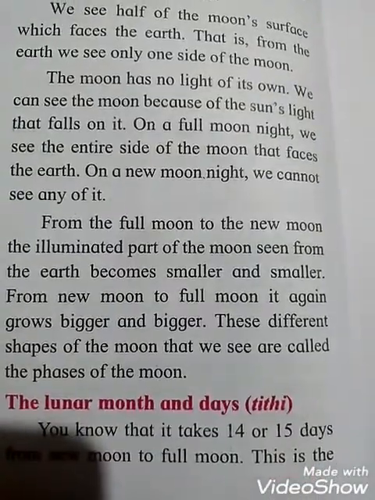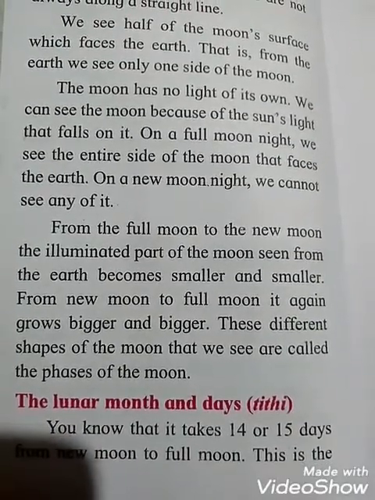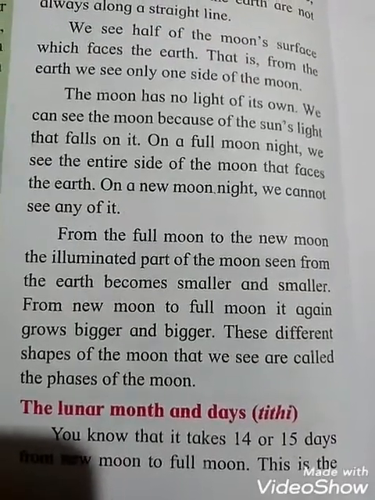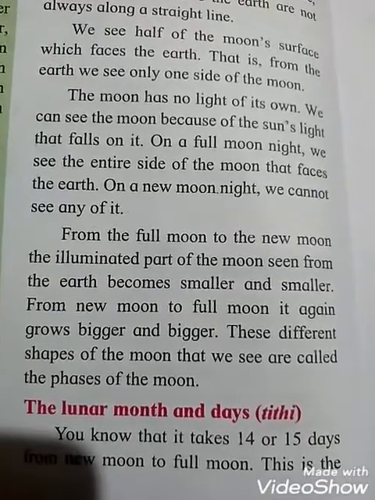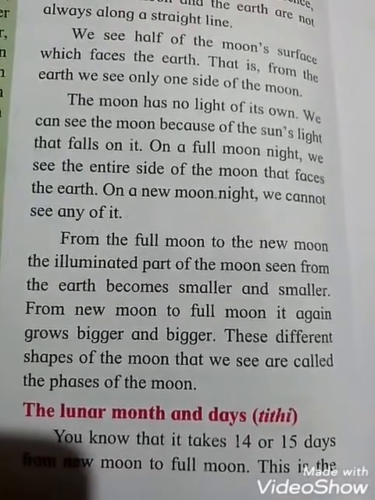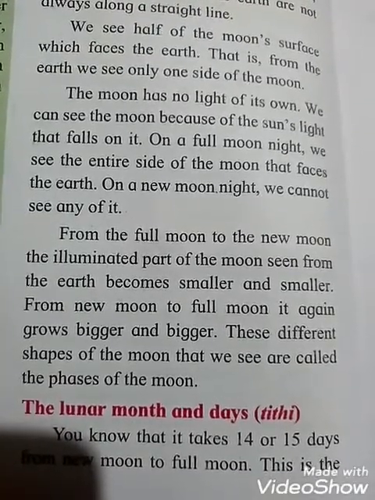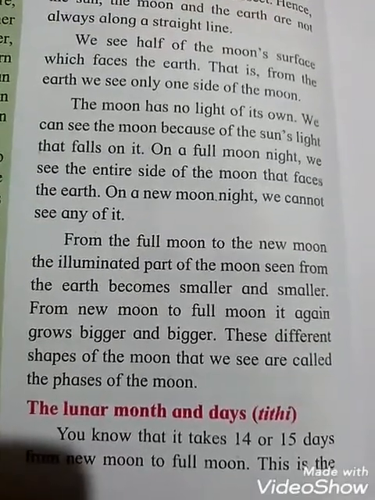From the full moon to the new moon, the illuminated part of the moon seen from the earth becomes smaller and smaller. See, students, that means from the full moon to the new moon. When we see the full moon in the sky one day, afterwards, the illuminated part of the moon seen from the earth becomes smaller and smaller.